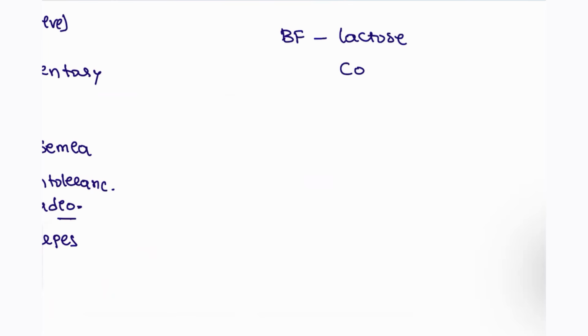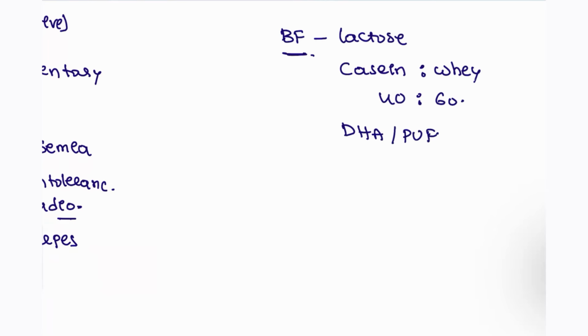And how about the casein and the whey? The casein and whey will be in a 40:60 ratio. And IgA, what we discussed, and also DHA and PUFA. These fatty acids are also present, and these are important for brain and retina development.